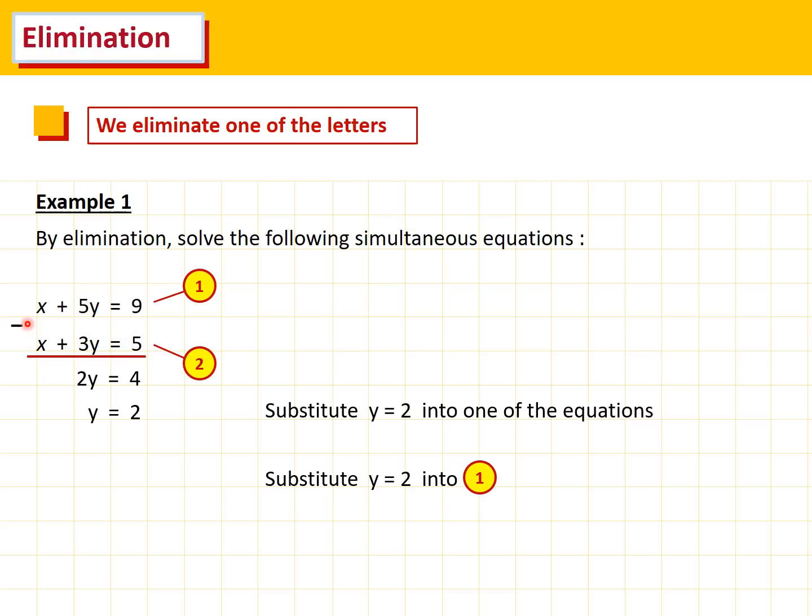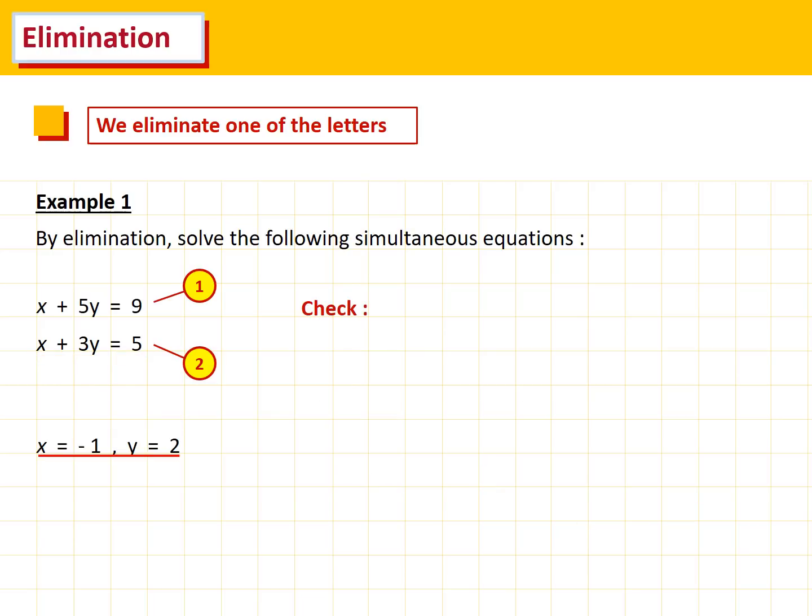So I end up with x plus 10 equals 9. And so to solve that, I subtract 10 from both sides, and that gives me x equals -1. I think now I've found the two values that fit both equations. x is -1 and y is 2.